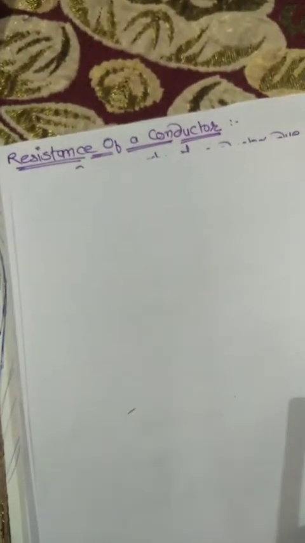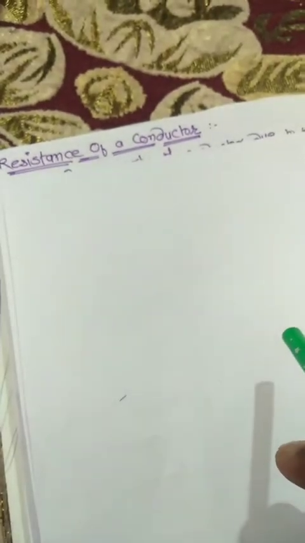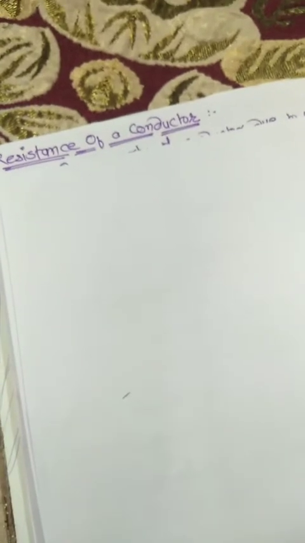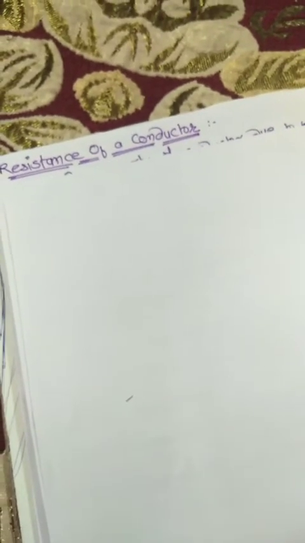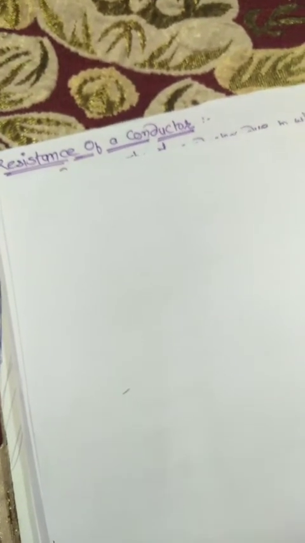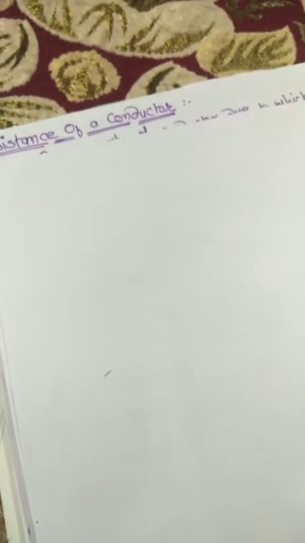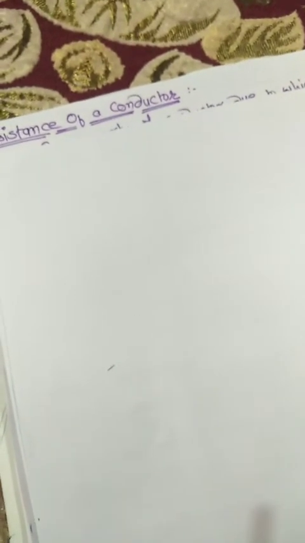Hello students. In the last video we discussed Ohm's law. In Ohm's law we discussed that at constant temperature the current flowing in the conductor is directly proportional to the potential difference across the terminal.